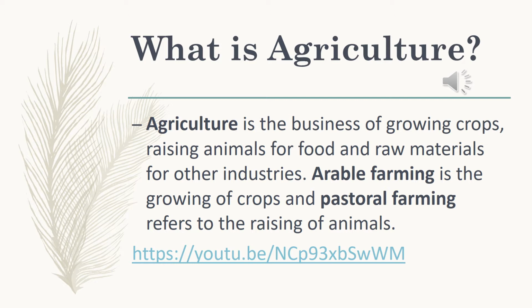For example, a farmer grows wheat for food and also sells the wheat to the factories to make it into flour. A cotton farmer sells the cotton he grows on his farm to the textile factory. Arable farming is the growing of crops, and pastoral farming refers to the raising of animals.